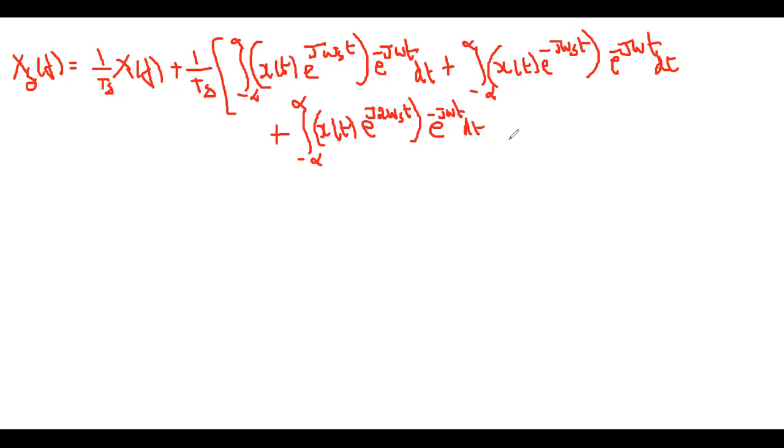Plus the last term, the integral minus infinity to infinity x of t into e power minus j 2 omega s into t is the total function into e power minus j omega t dt plus up to so on.